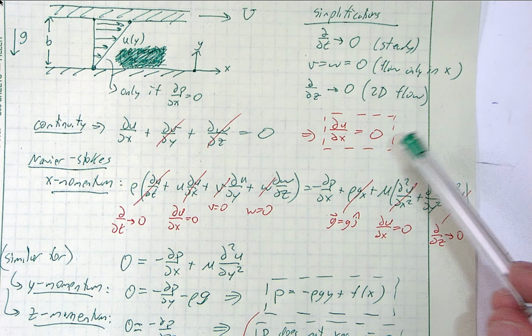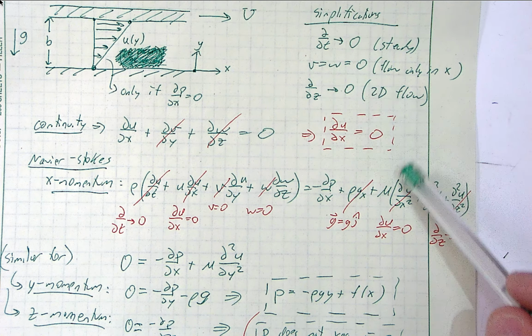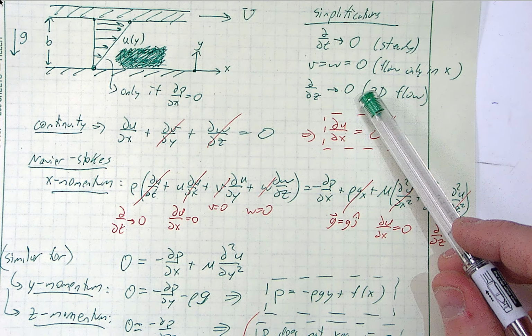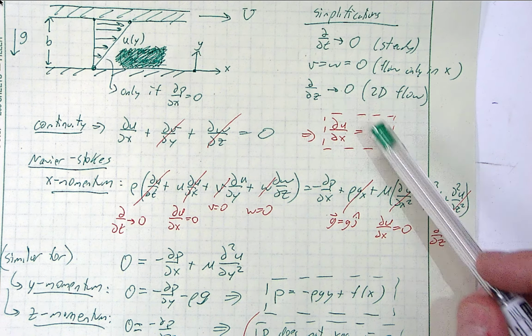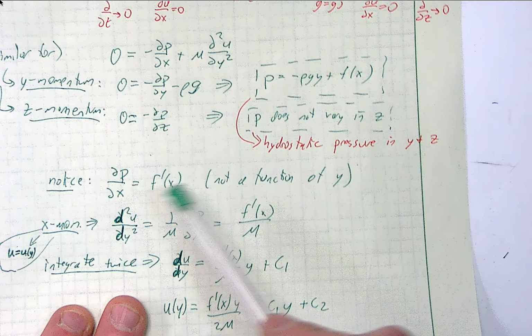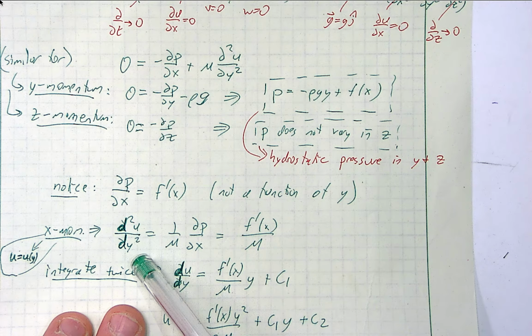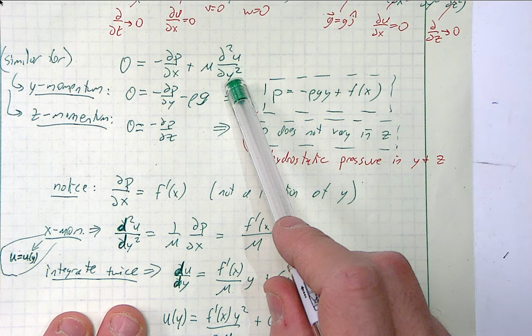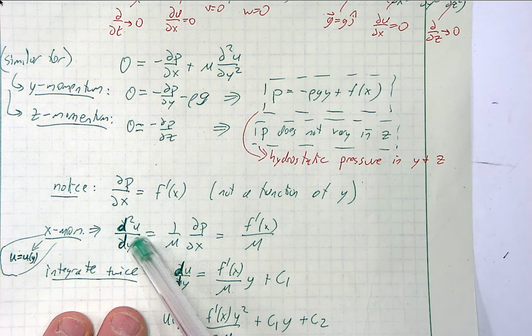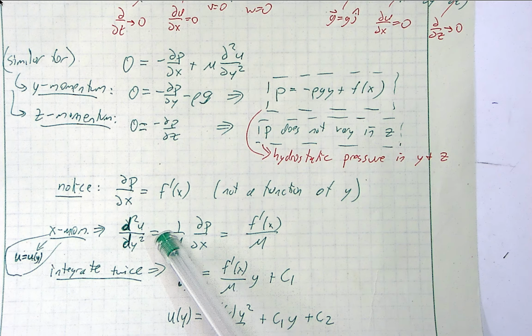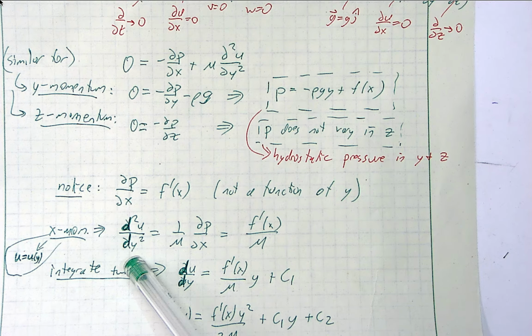Right? We've said that there's no derivatives in z, and du dx is 0. So that means that u is not a function of z, and u is not a function of x. u can only be a function of y, and so these partial derivatives up here in y are now absolute derivatives, total derivatives in y.